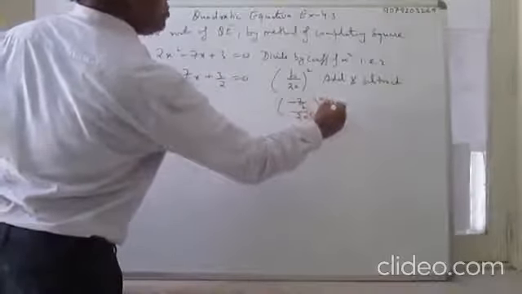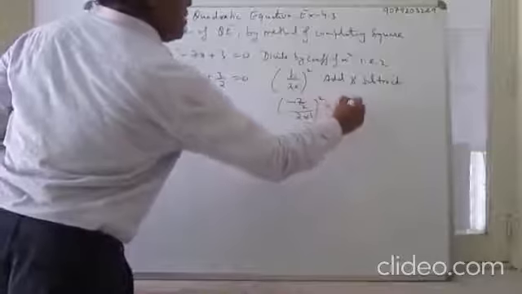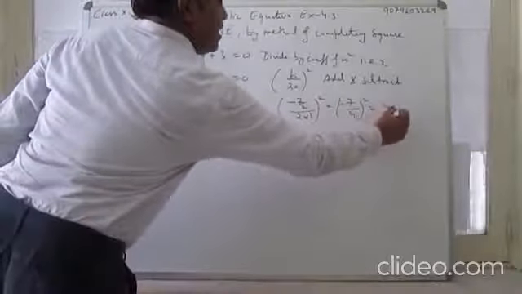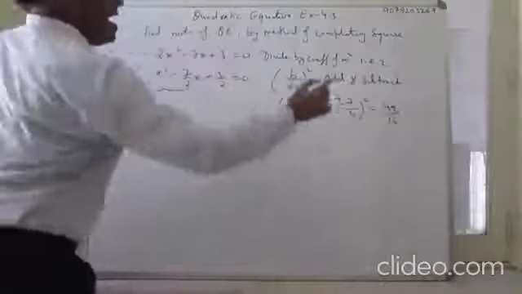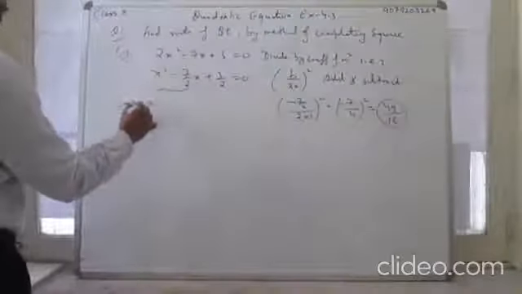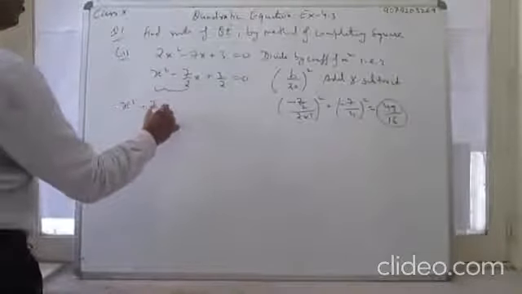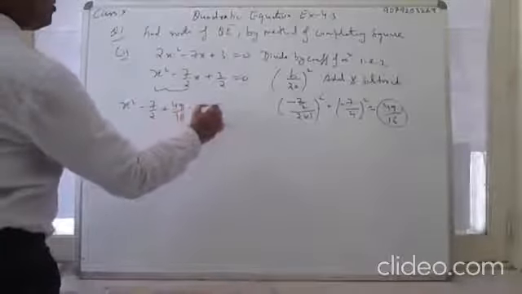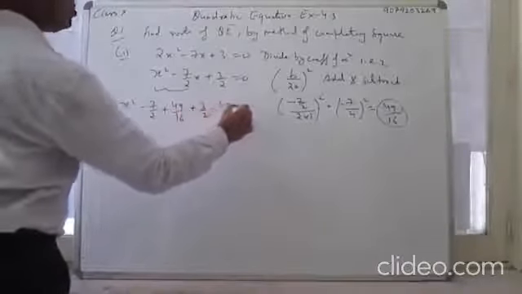So it becomes minus 7 upon 4 whole square, it is 49 upon 16. You can add and subtract 49 upon 16 in this. x square minus 7 upon 2 x plus 49 upon 16 plus 3 upon 2 minus 49 upon 16 is equal to 0.